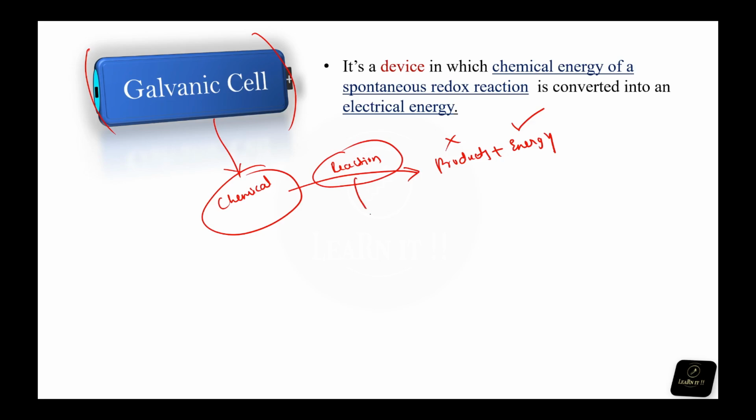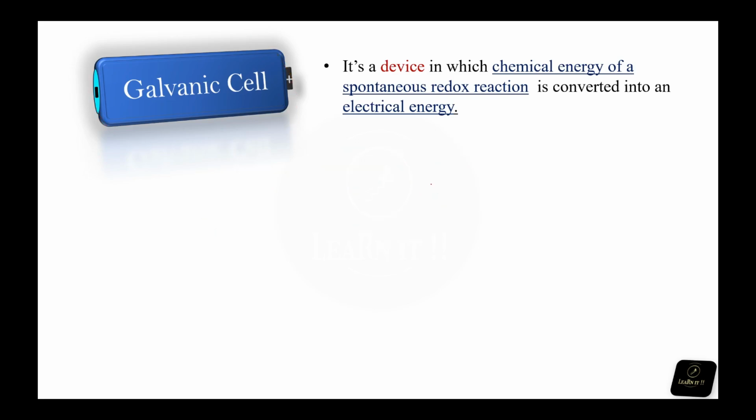And the reactions are spontaneous. It means these reactions happen by themselves without any external influence. The galvanic cell is also called a voltaic cell.